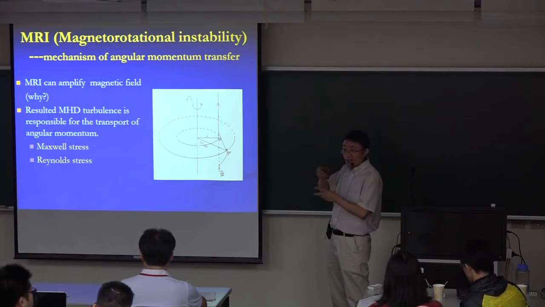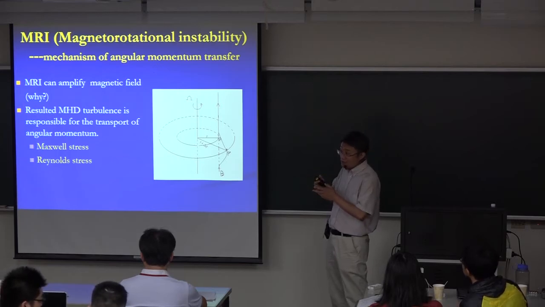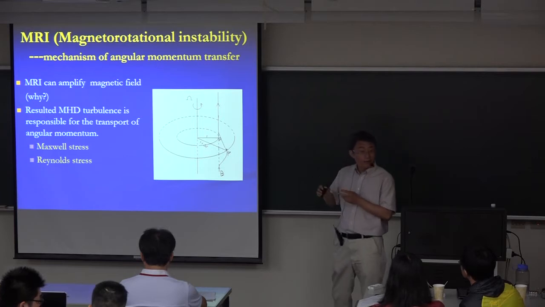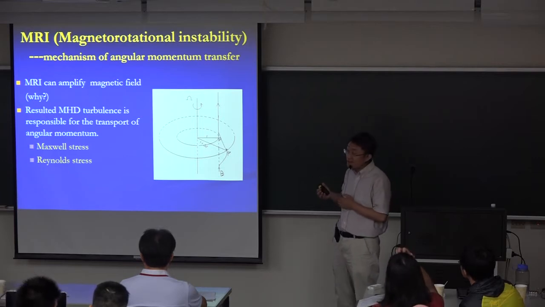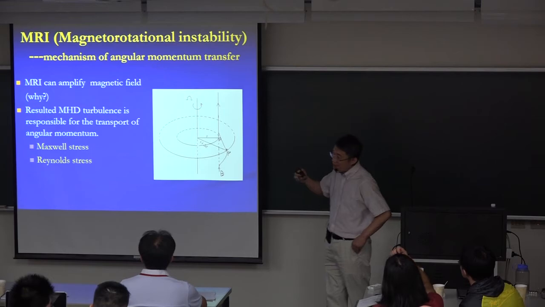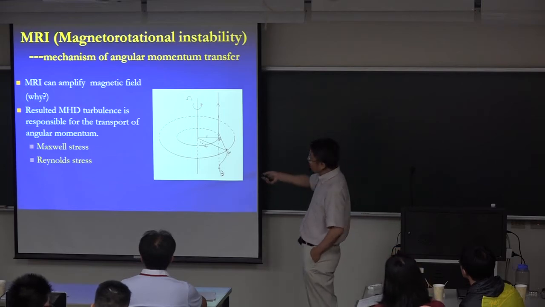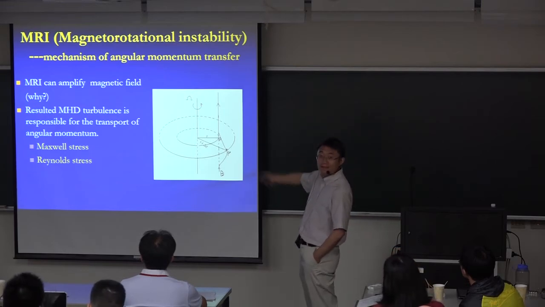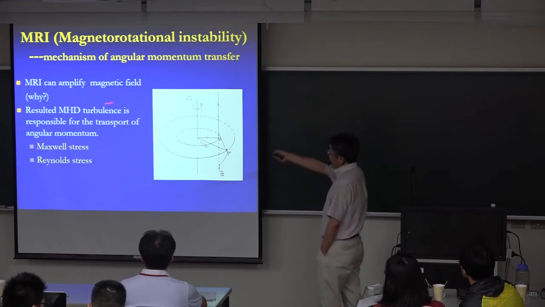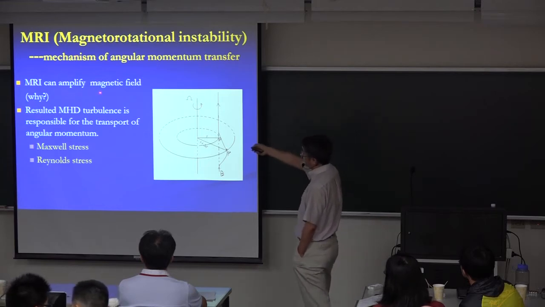Whenever the gas becomes turbulent, the magnetic field lines will also become tangled, because the magnetic field lines are controlled by the gas. Once the magnetic field lines become tangled, the magnetic field will be amplified. So this is one consequence of this instability.